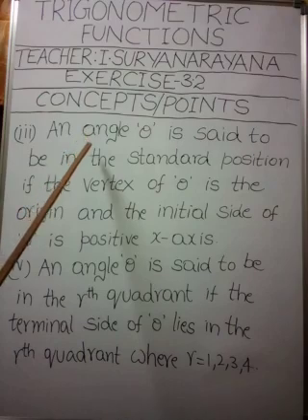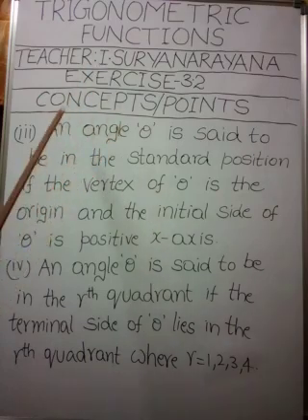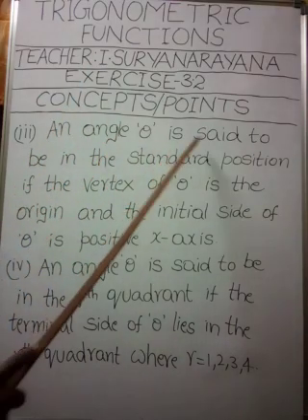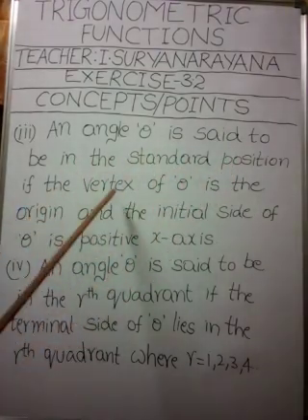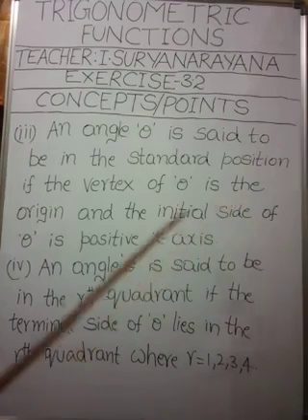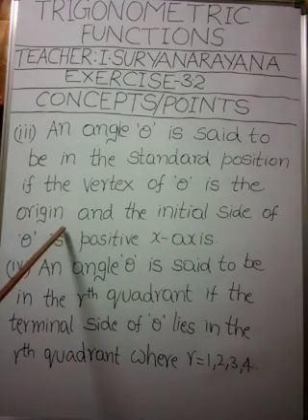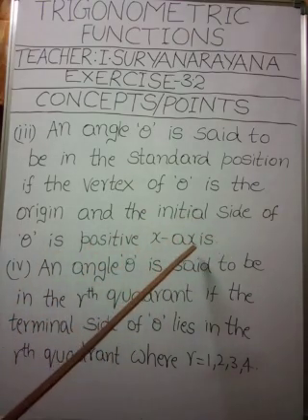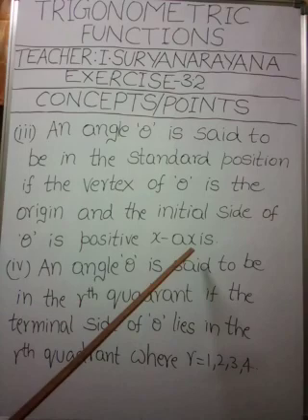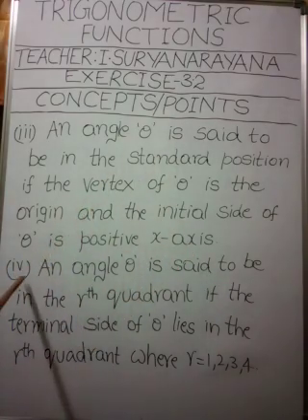I repeat this point, my dear children, listen carefully. An angle theta is said to be in the standard position if the vertex of the angle theta is the origin, and the initial side of theta is the positive x-axis.